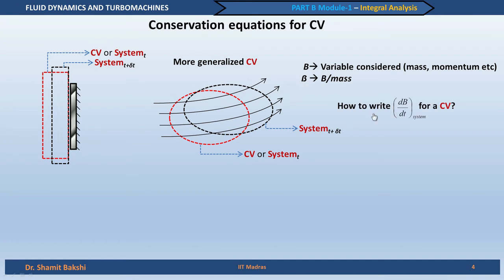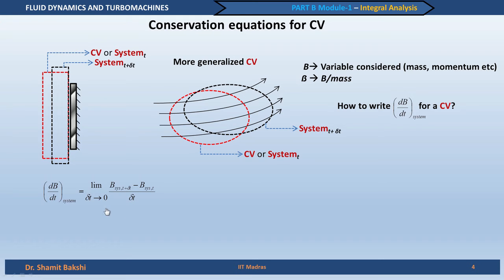So, this is the question: how to write dB/dt of the system in terms of a control volume. So, we write dB/dt of the system from basic calculus. We know that we can write a derivative as a limit as delta t tending to 0 of B system at t plus delta t minus B system at t, divided by delta t.